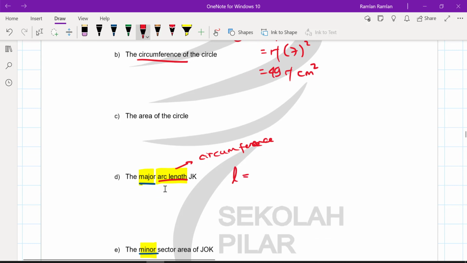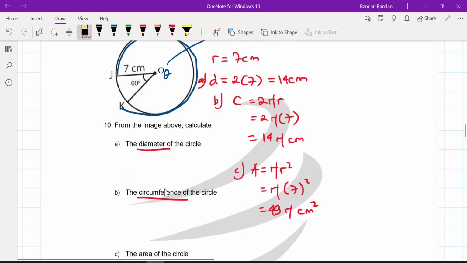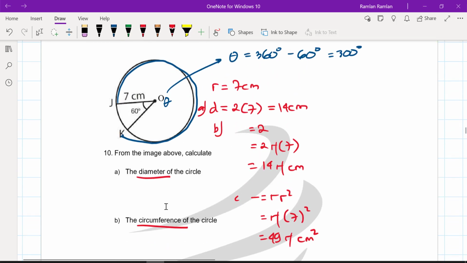L stands for the arc length, and it equals theta over 360, where theta is the angle made by the arc, and 360 degrees comes from the angle that makes a full circle, multiplied by the circumference. You can also write this as 2 pi r, but we don't really need to use 2 pi r for this one because we already found the circumference.